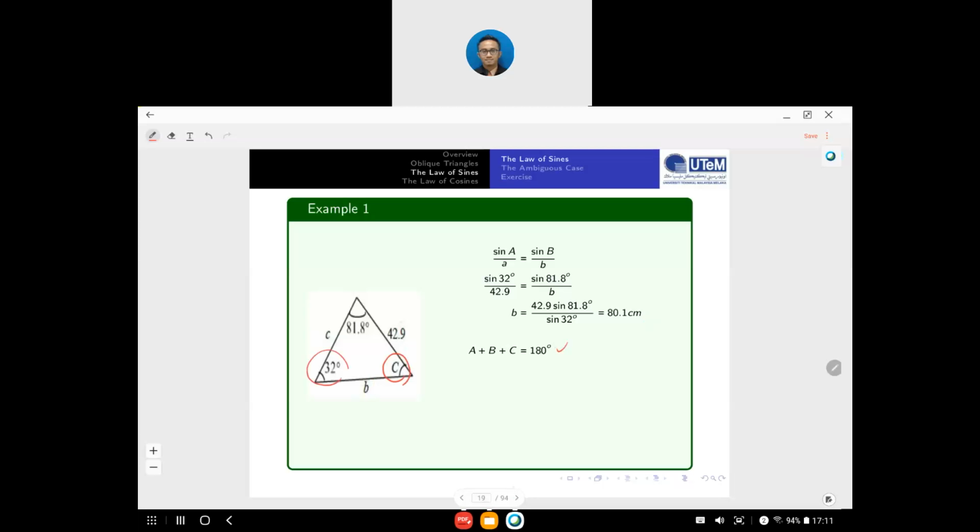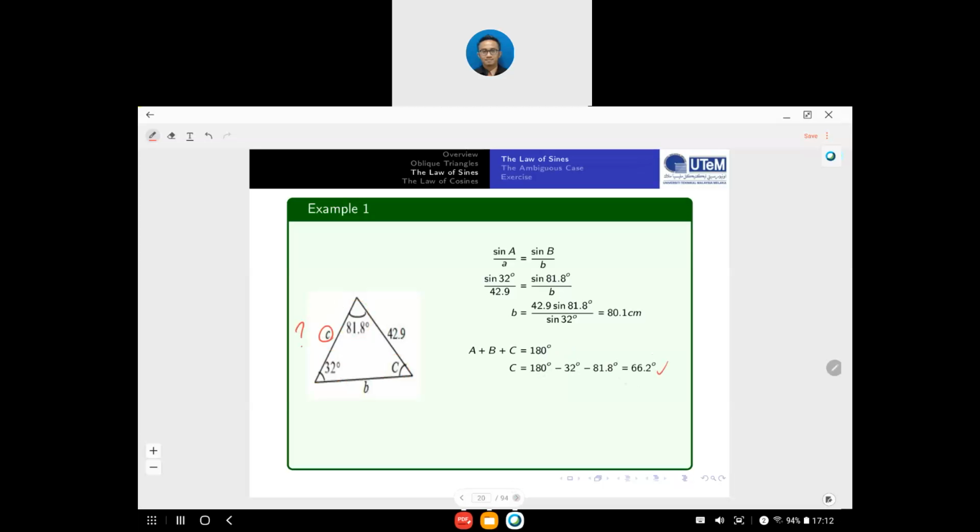So this one is 32 and this one is 81.8, so we can get C, whereby C equals 180 degrees minus 32 minus 81.8. So you can get C equal to 66.2. Okay, and since you already have angle C, you can find this length C.